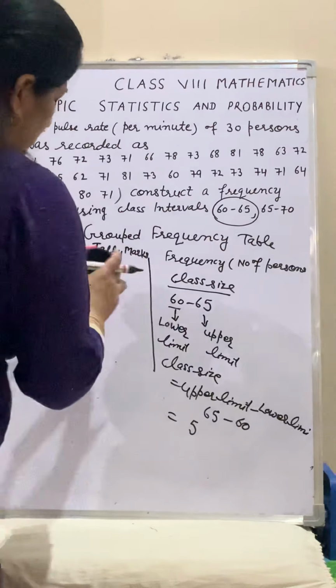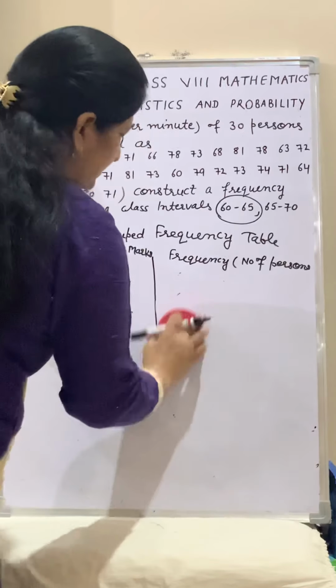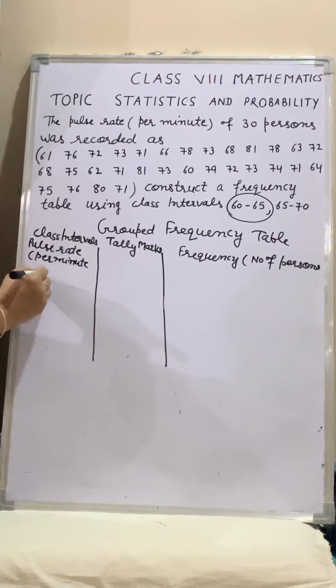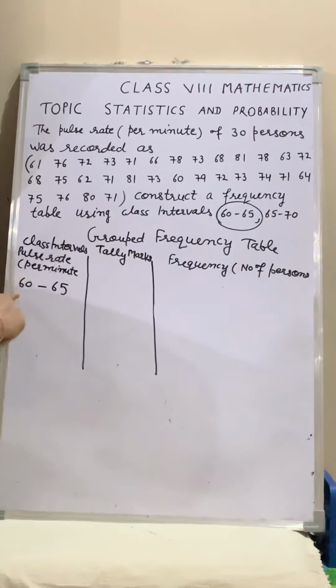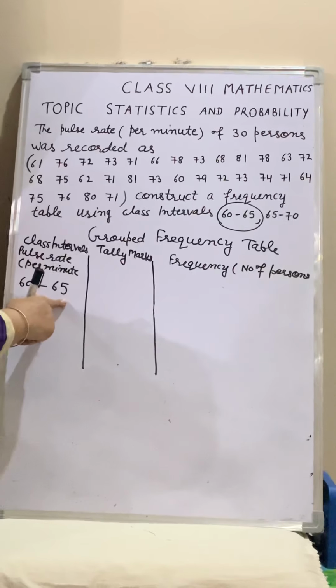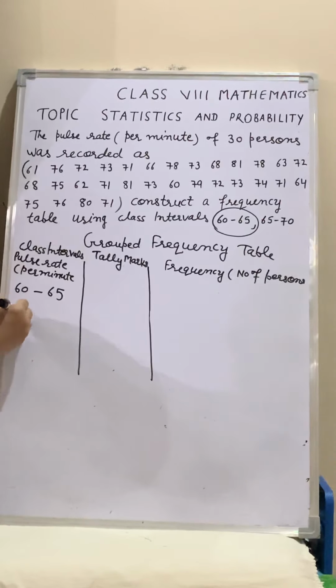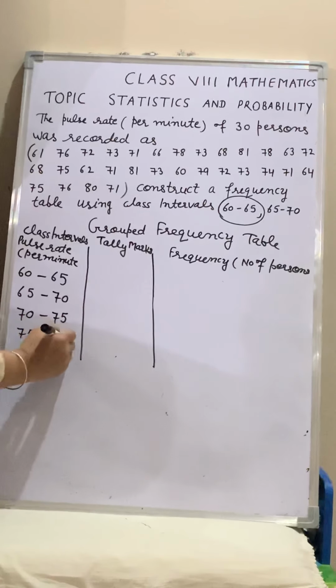Now, the lowest is 60, so we will start with 60 to 65. If any pulse rate is 50, then we write here 50 to 55. Then next will be 65 to 70, next 70 to 75, next 75 to 80.